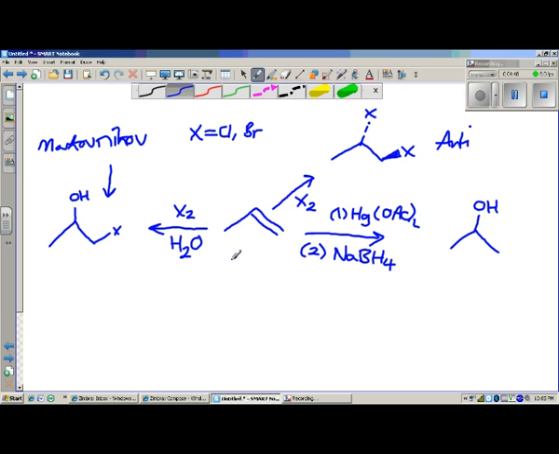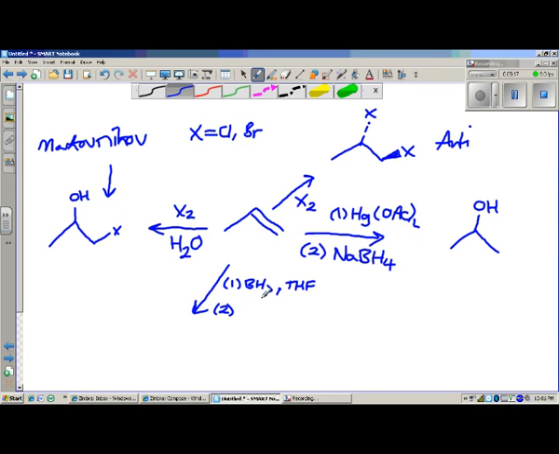And let's see what else. There's also a way to make an anti-Markovnikov alcohol, which we haven't seen before, and this is by something called hydroboration-oxidation, where we'll take BH3 in a particular solvent like THF, and again I'll probably post a separate video about this.